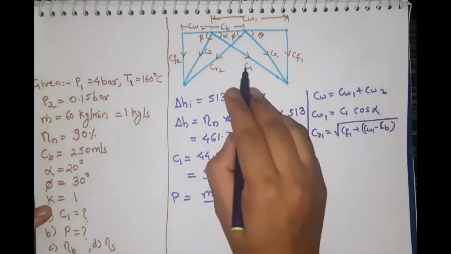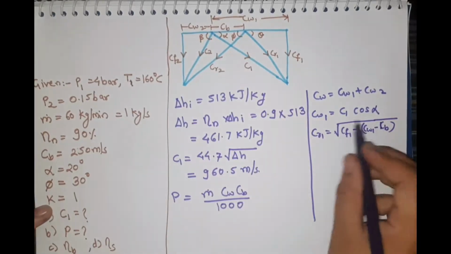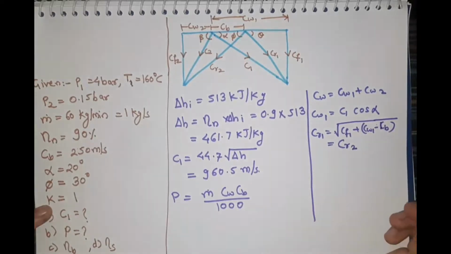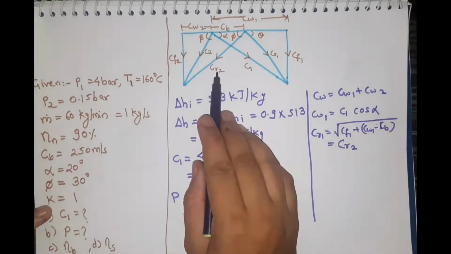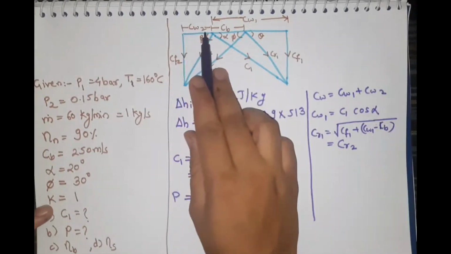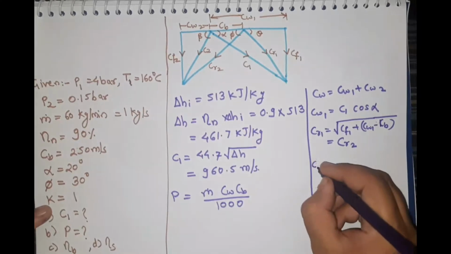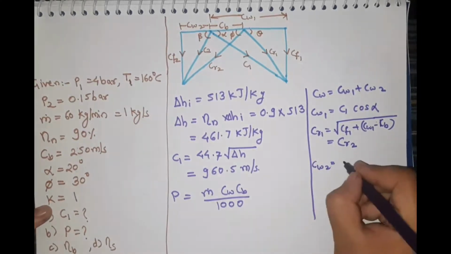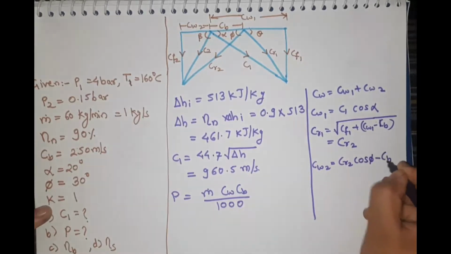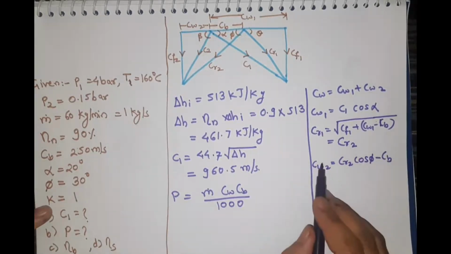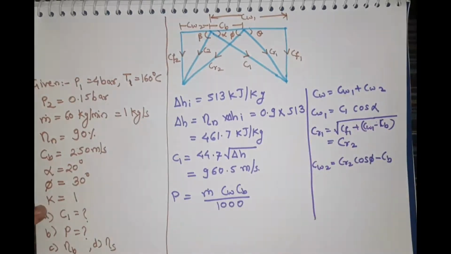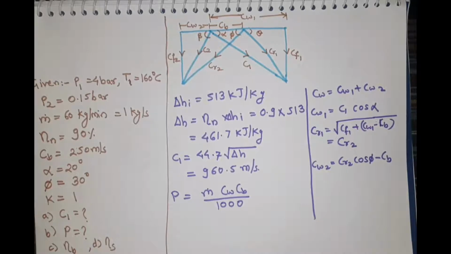CF1 we can find from C1 and alpha, so we can find CR1 from here, which will be equal to CR2. Once we have found CR2, we can find this total, that is CW2 plus CB. So CW2 is equal to CR2 cos of phi minus CB. From here we can find CW2, and we can put this CW, that is CW1 plus CW2, in this equation, and we can find the power.